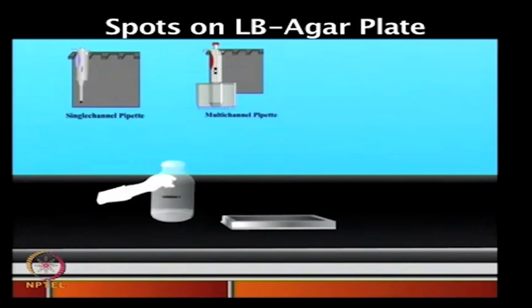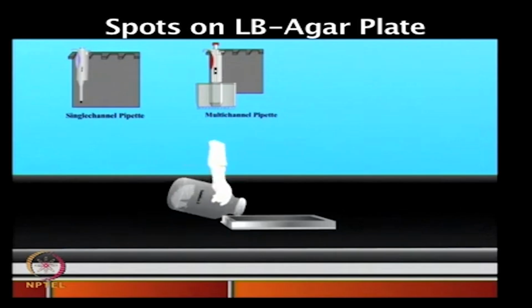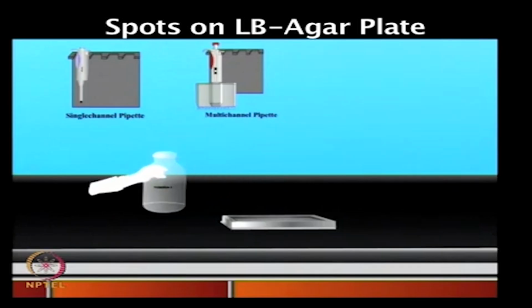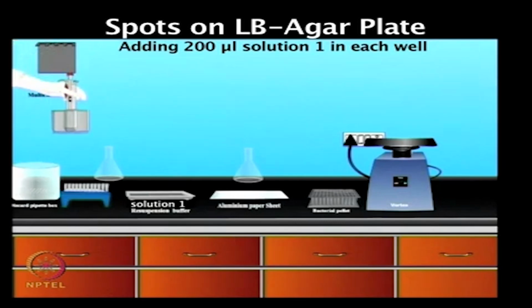So, remember your basic molecular biology and you need to prepare solutions 1, 2 and 3 for doing the plasmid preparation. So, add 200 microliter of solution 1, which is resuspension buffer that contains 50 millimolar Tris at pH 8, 10 millimolar EDTA and 0.1 mg per ml of ribonuclease.